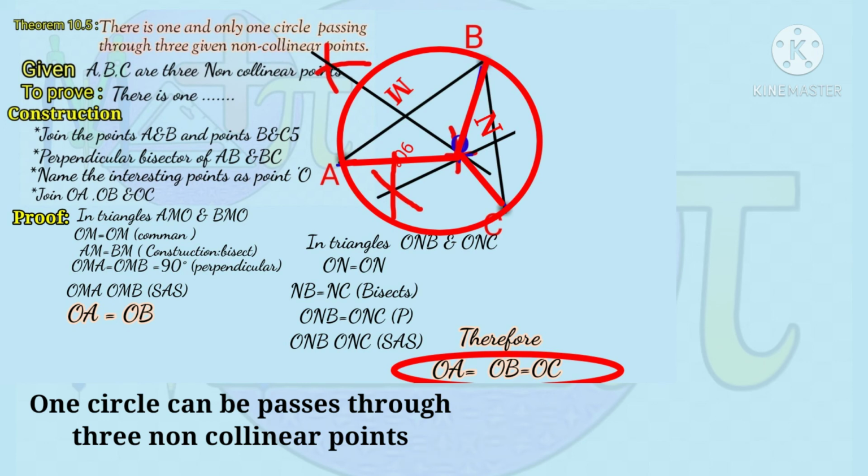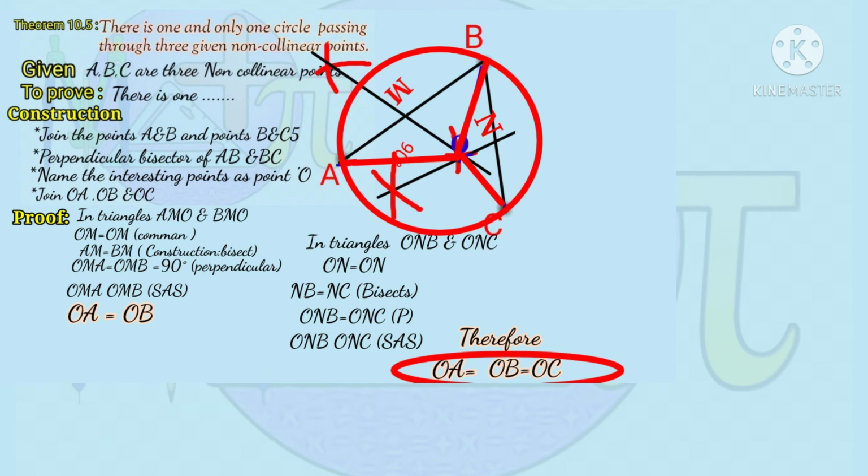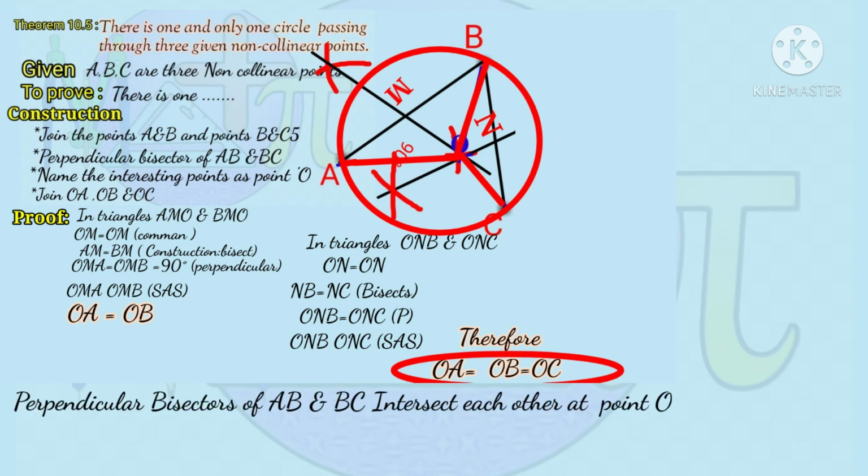But do you know that we have still not completed our theorem? According to the theorem, one and only one circle can pass through 3 non-collinear points. So let's see how it is possible. Here you can write that the perpendicular bisectors of AB and BC intersect each other at a point, point O, and we have taken O as the point of center.